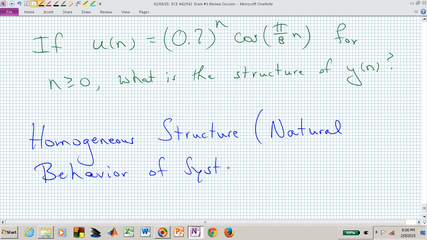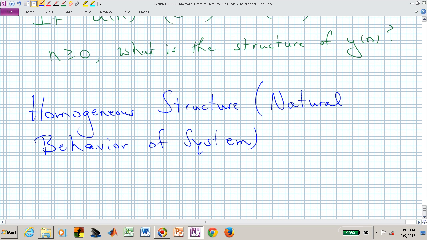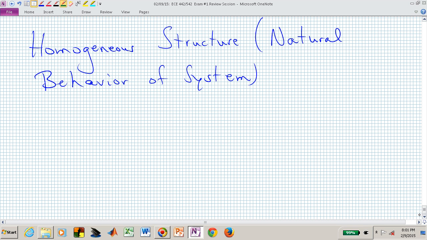If you excited it, how would it naturally like to behave? Or if you provided some initial conditions, how would it naturally want to evolve in time?